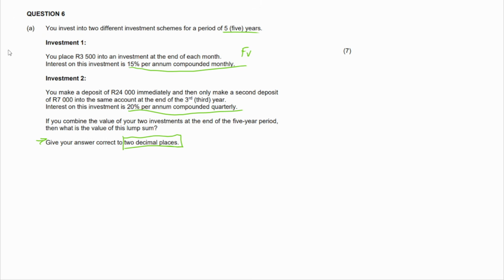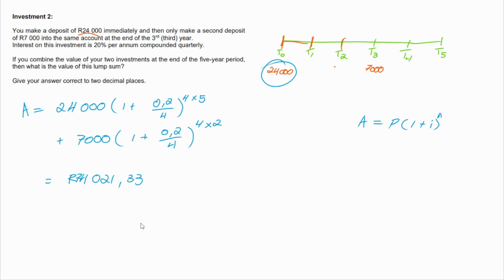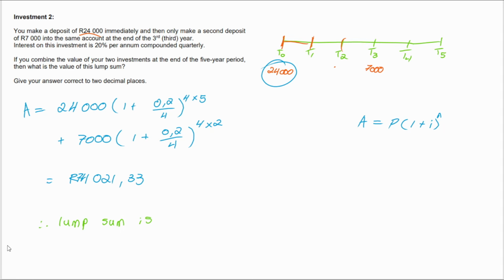So we split these investments to work them out individually, but if you combine the value, then what's the value of the lump sum? So we just need to add them. Pretty simple. So therefore, lump sum is, and we're just going to add the values in our calculator.